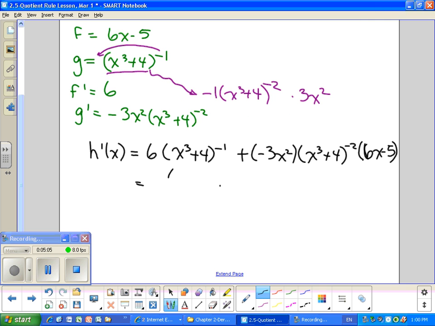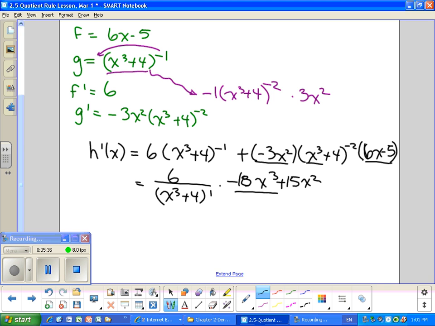So for the first term, we have 6 staying in the numerator over x cubed plus 4 to the positive 1. And then we'll expand this and this because they don't have exponents. They're just exponents of 1, so they can distribute together. So we have then minus 18x cubed plus 15x squared.